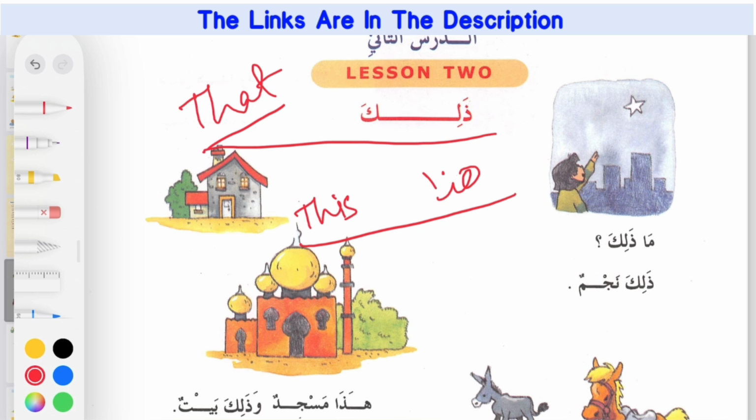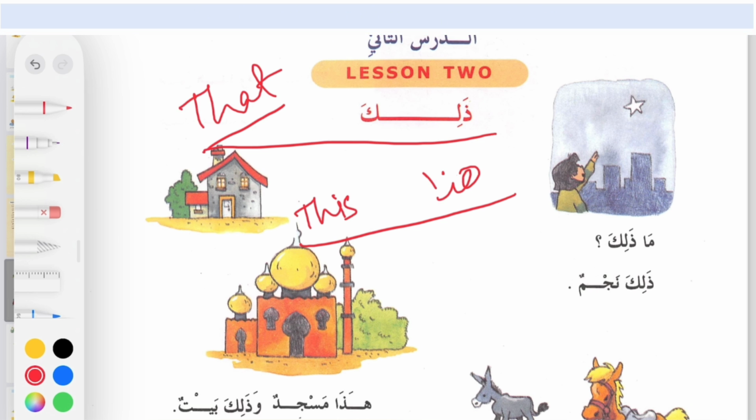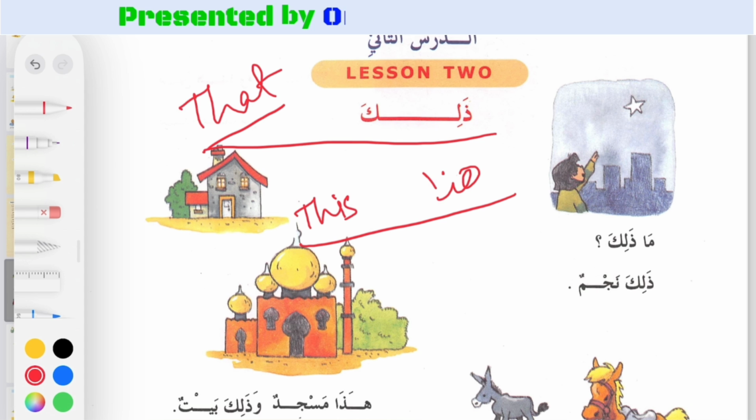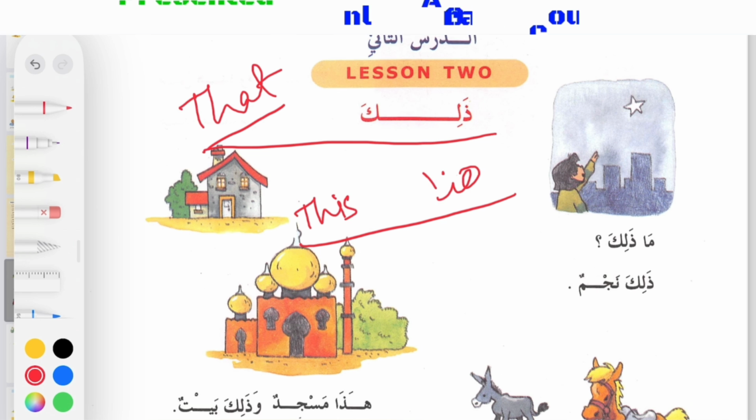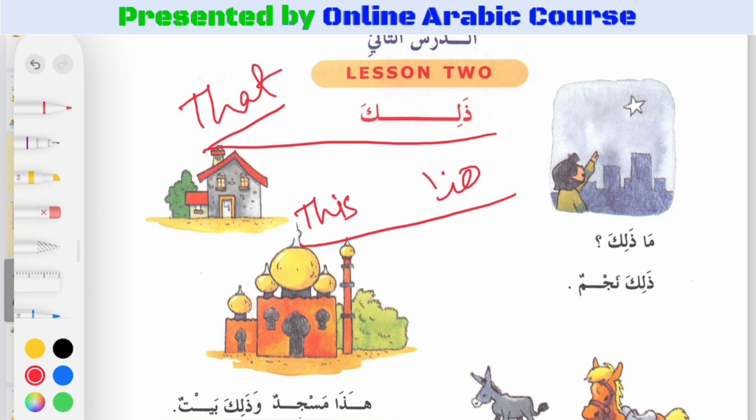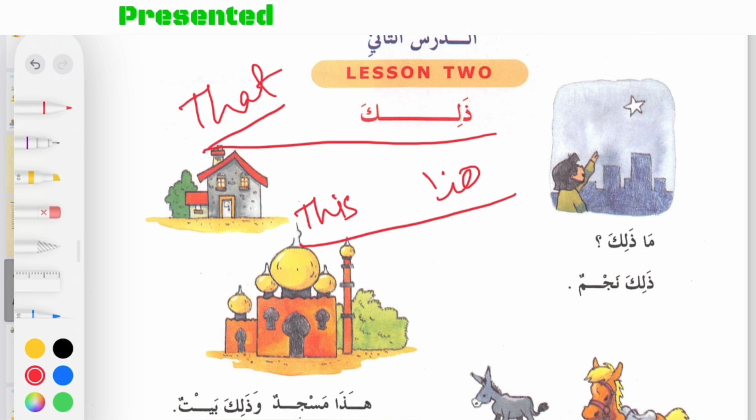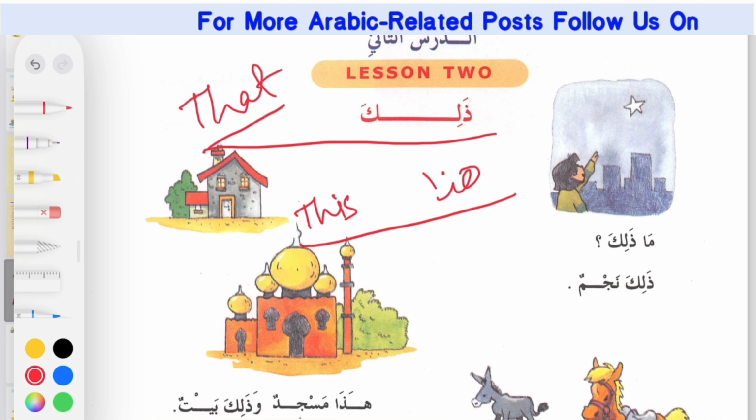In short, hada means this, dhalika means that, but hada is used for near and dhalika is used for far. And keep in mind one thing, that hada and dhalika, both words are used in Arabic language for singular male. Inshallah we'll understand this in this lesson.